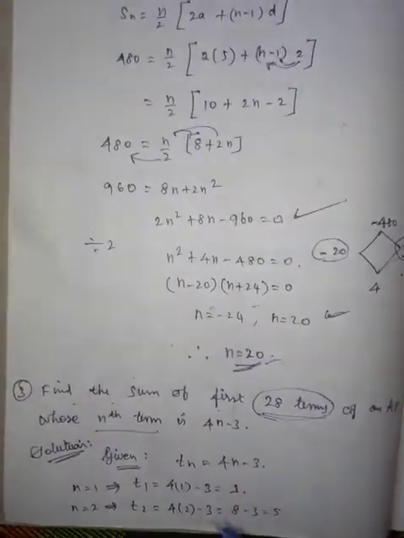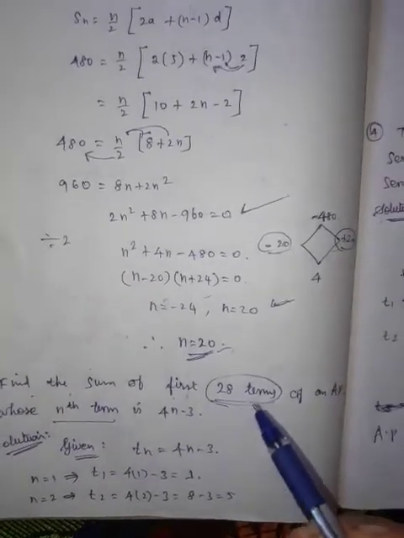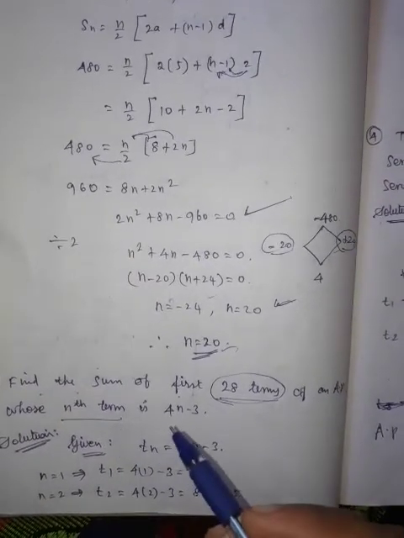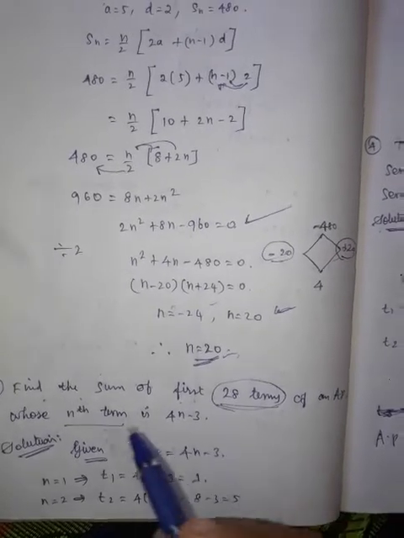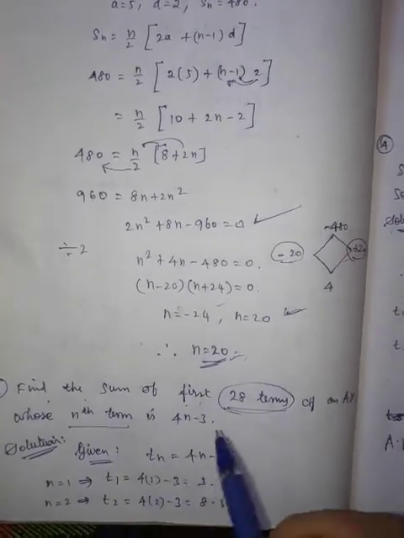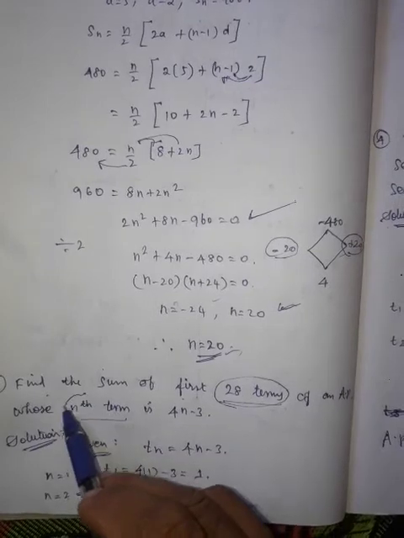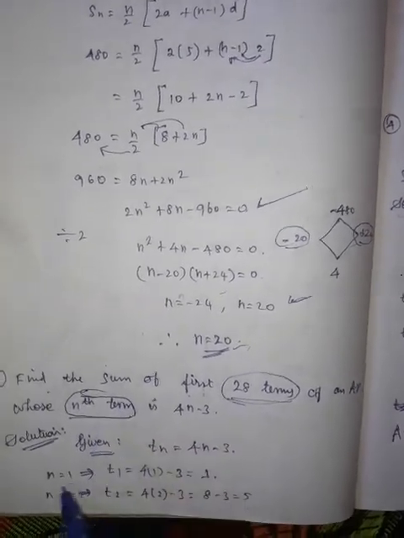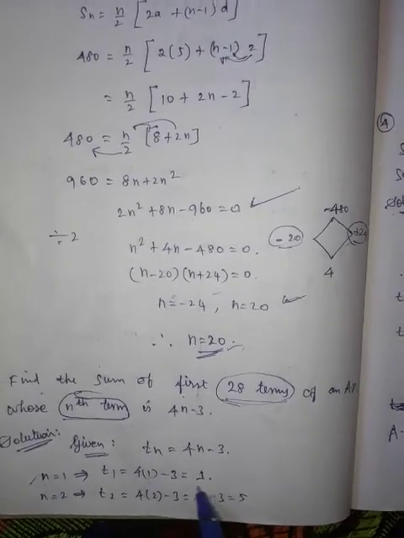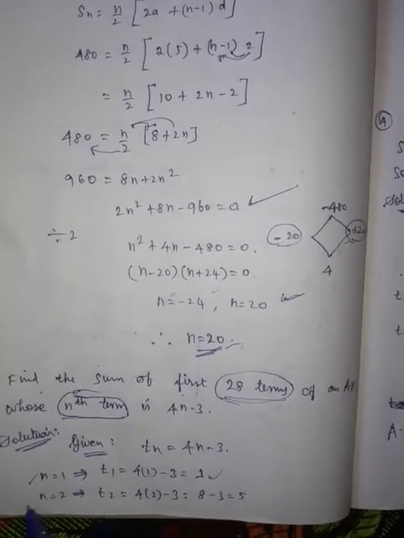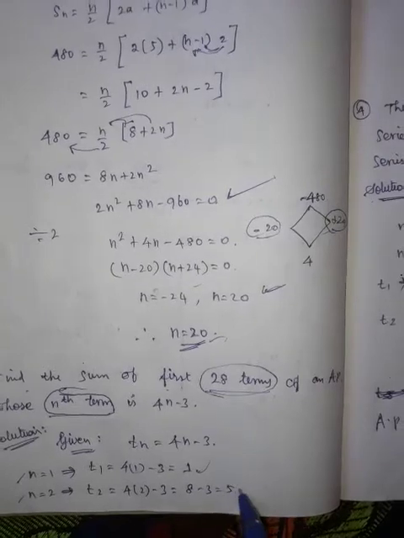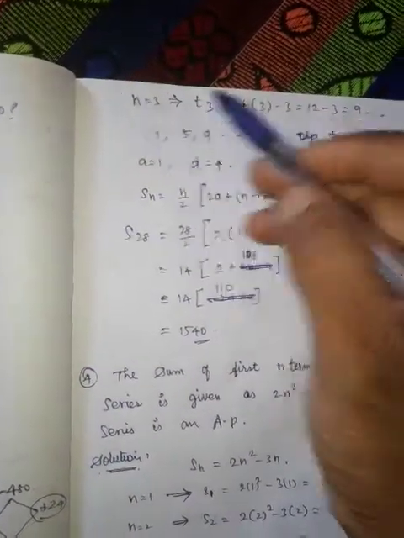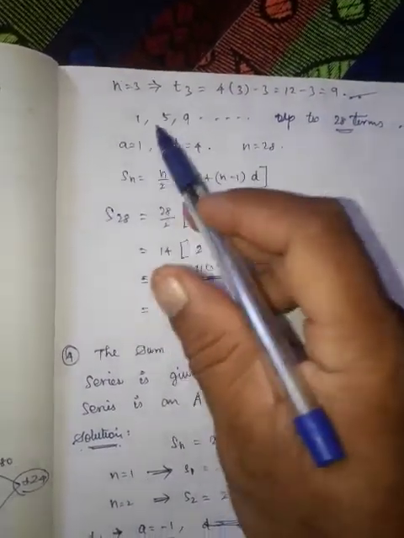The third sum: find the sum of the first 28 terms of an AP whose nth term is 4n minus 3. Since the nth term is given, first we find the AP series. Putting n equal to 1, the first value is 1; n equal to 2, the second value is 5; n equal to 3, the third value is 9. So 1, 5, 9, and so on, up to 28 terms.